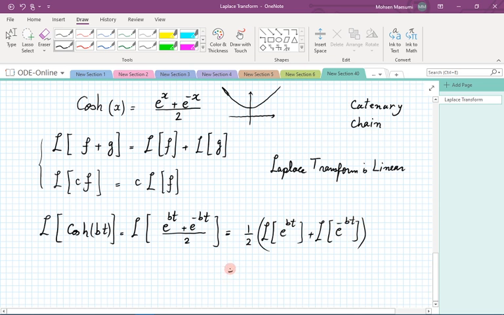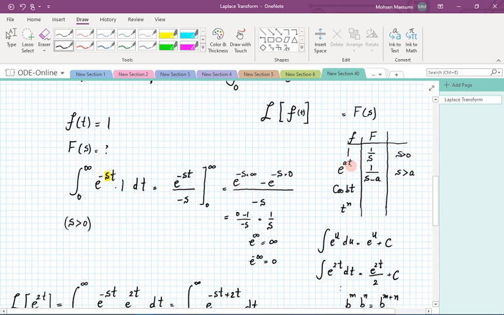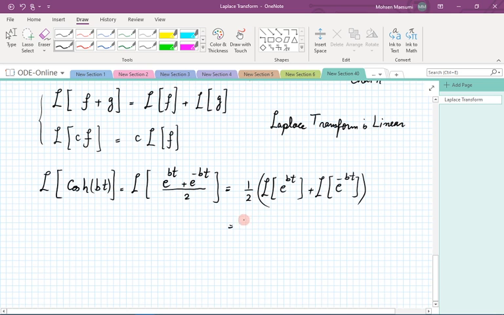The advantage is we already have done this. The Laplace transform of an exponential is 1 over s minus that multiple, with some restriction. So it's going to be 1/2 of 1 over s minus b, so long as s stays larger than b, and this one, 1 over s minus whatever multiple you have here, so it's minus b, with the restriction that s has to be larger than minus b.